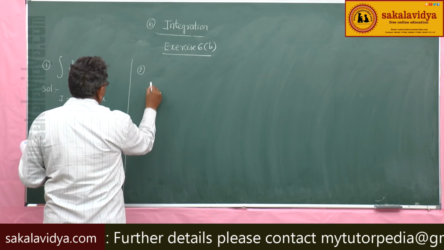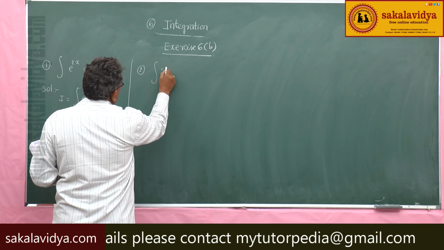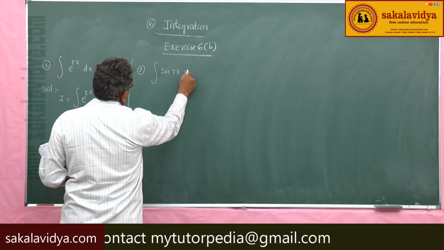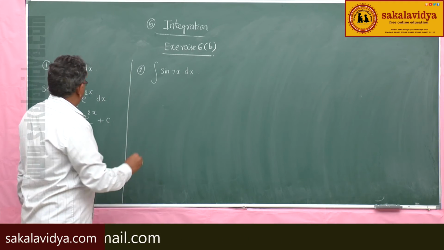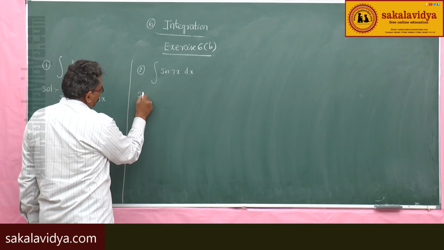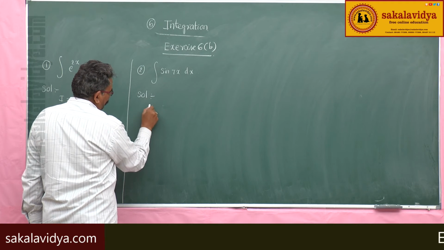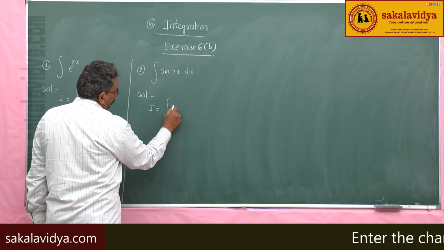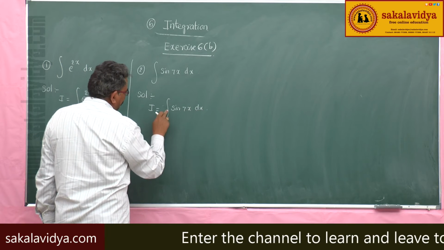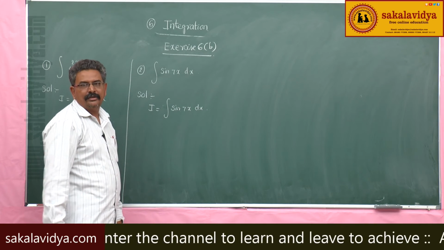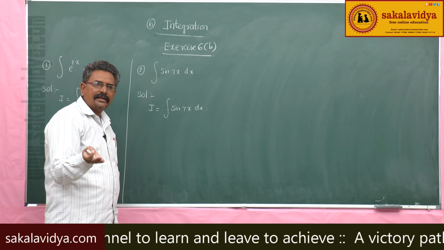Now second problem. Evaluate the integral of sin 7x dx. Solution. Let us suppose I is equal to the integral of sin 7x dx. The basic function is the sine function. So, what is the integral of sin x?